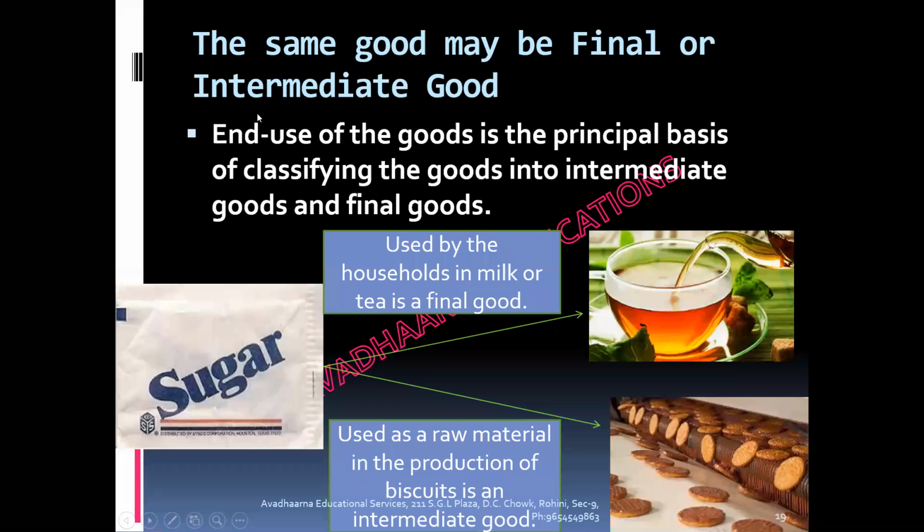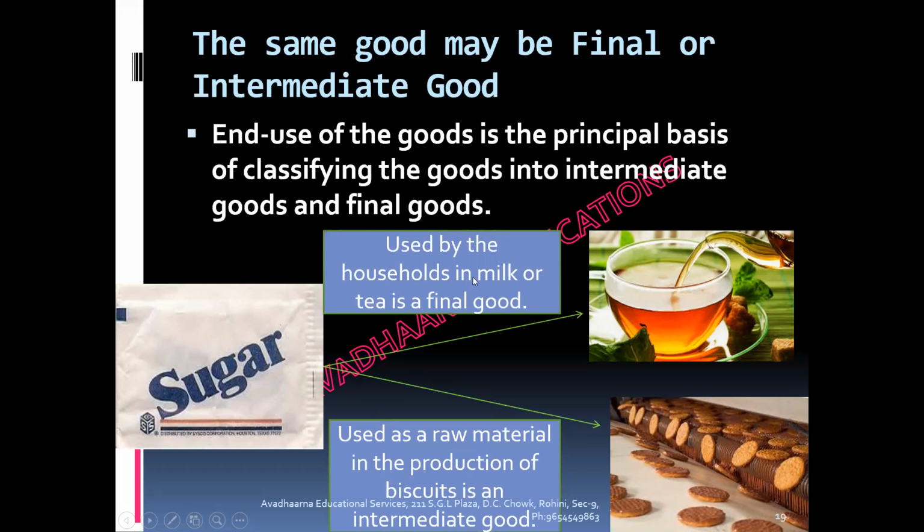Now, the same good may be a final or an intermediate good. Again, the deciding criterion is the end use of the product. The end use of a good is the principal basis of classifying goods into intermediate goods and final goods. Now you can see that the good is sugar.